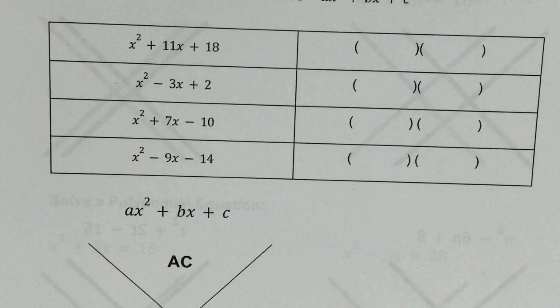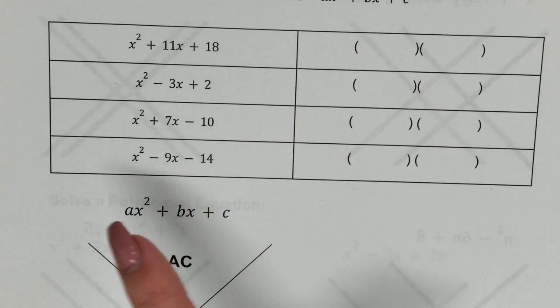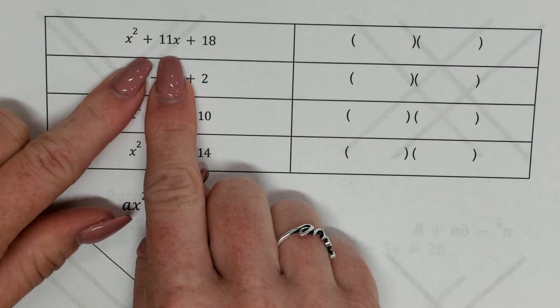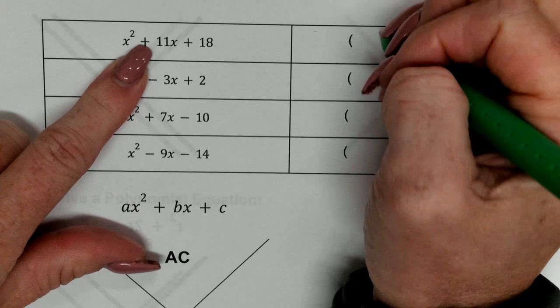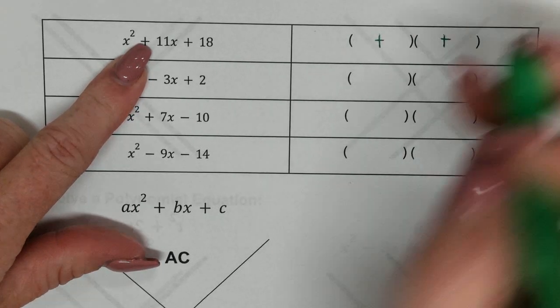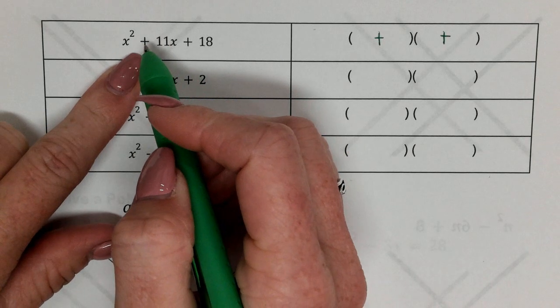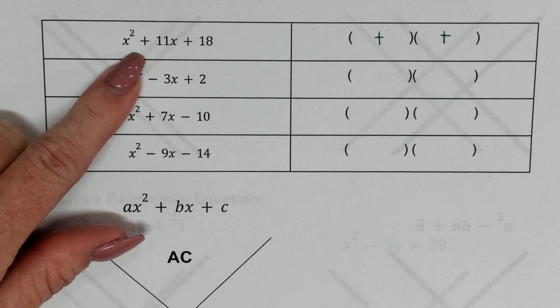Okay. These are just cheat sheets, and honestly, I don't even have them all memorized, but if you memorize them, it helps. If you have a quadratic that looks like this, both parentheses will have plus signs. So if you have a plus plus, then the parentheses will be a plus plus.